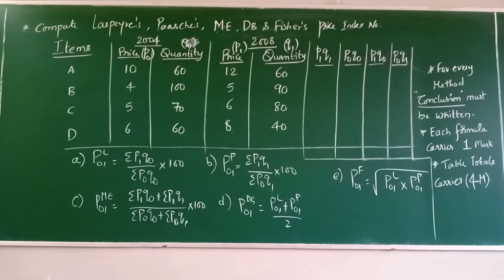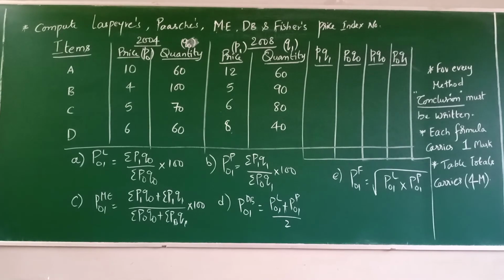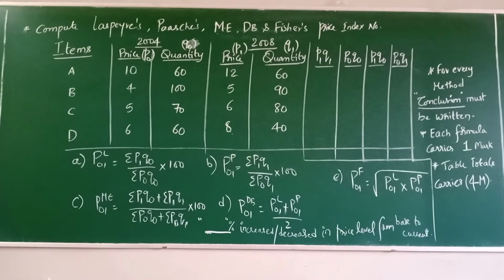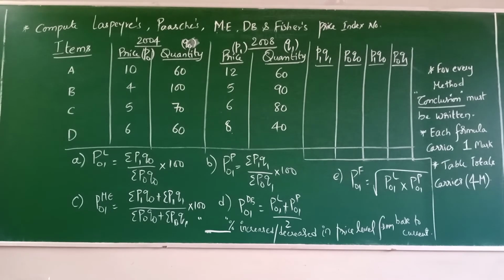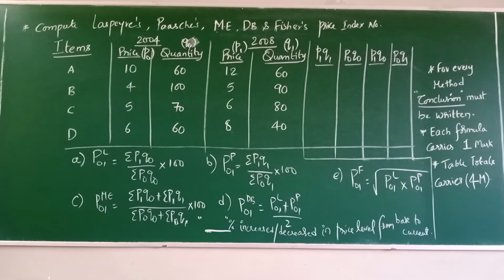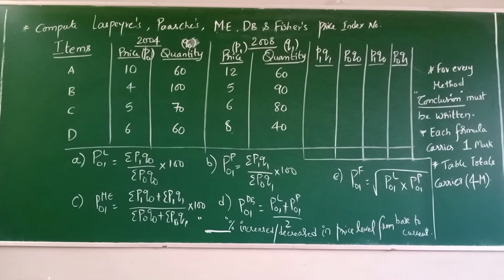So what would be the conclusion here for the Laspeyres method? You need to write the conclusion, how much percentage, just let me write on the board. The conclusion has to be written for every problem. According to the answer, if the answer crosses more than 100, after 100 how much it got increased, or before 100, within 100 how much it got decreased.